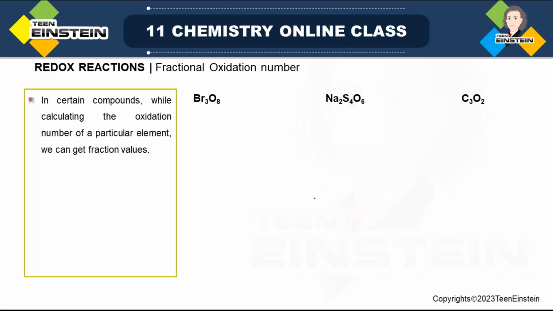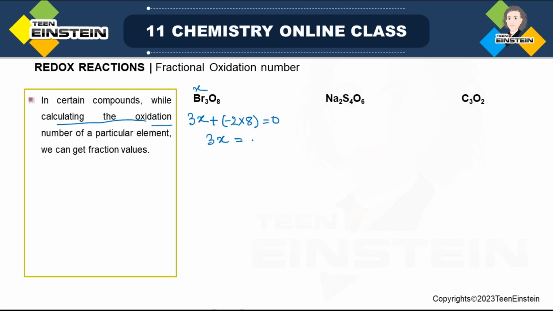In certain compounds, if you do the calculation based on the rules that we have already learned, suppose you are calculating the oxidation number. Just take this molecule Br3O8. Suppose you want to calculate the oxidation number of bromine. It will be 3x, and for each oxygen it will be minus 2, times 8, and the overall molecule is 0.